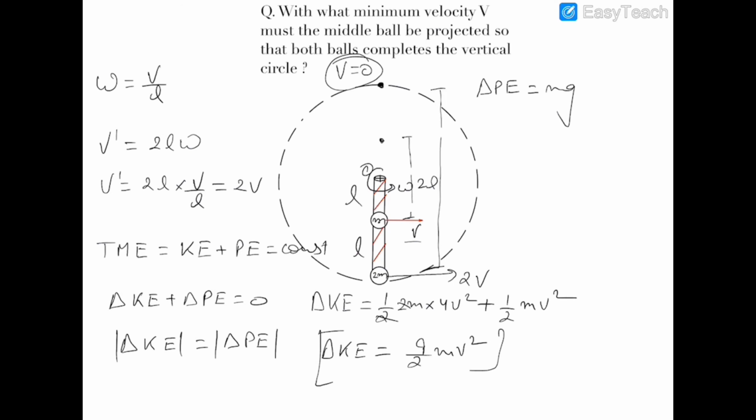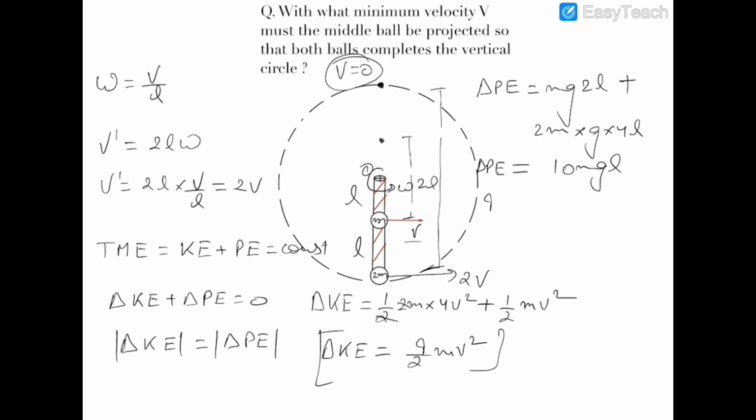So this is mg into 2L plus 2m into g into 4L. So delta PE is equal to 10 mgL, this 2 plus 8.